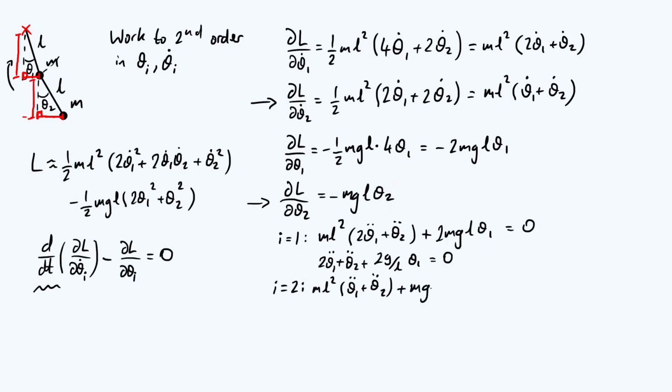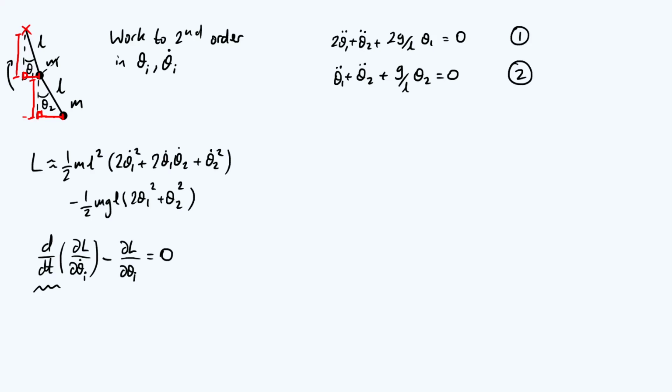So it's plus mgl theta 2 is 0. Again, if we divide by ml squared, then we're going to get theta 1 double dot plus theta 2 double dot. This time it's just plus g over L theta 2 is equal to 0. So we've got two equations of motion, equation 1 and equation 2.